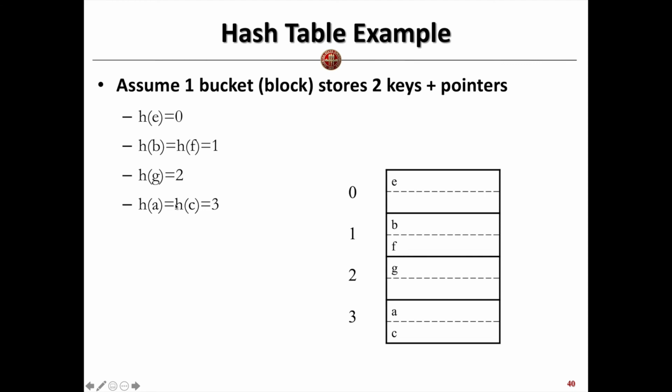This hash function is predefined in this example. Given a char, we can project it to a bucket ID. Now, given E, we can project it to bucket 0. Given B or F, we can project it to 1. Given G, we can project it to bucket 2. And given A or C, we can project it to bucket 3. This is the hash function in this example.